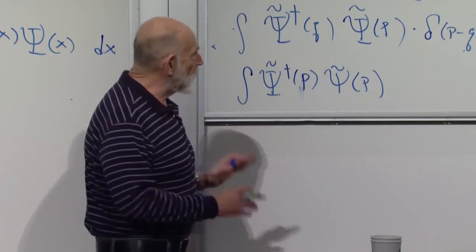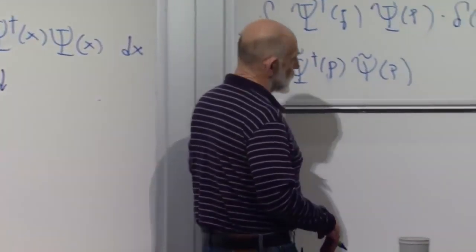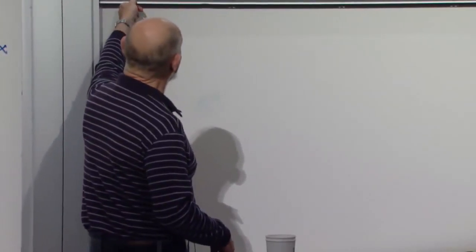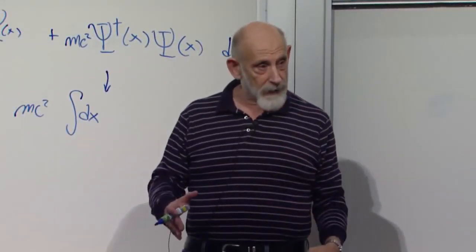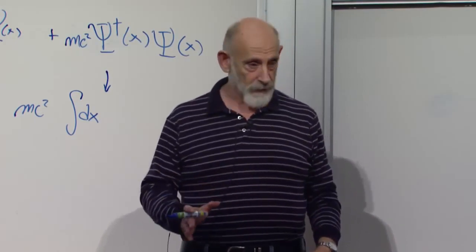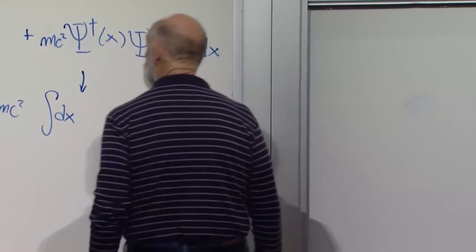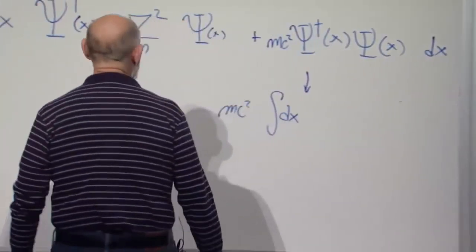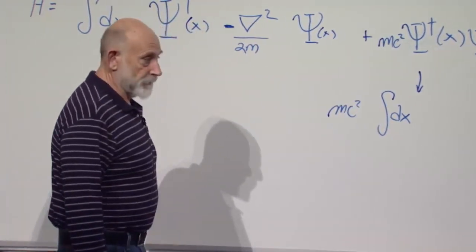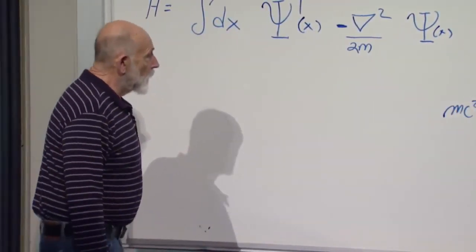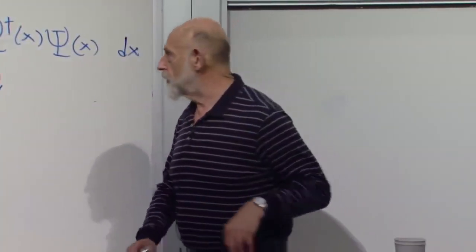When the Hamiltonian acts, when it updates the state a little bit, it doesn't change the momentum. Okay. Now, we could do the same thing with this term here. Let's go through it, just so that you see how the machinery works.